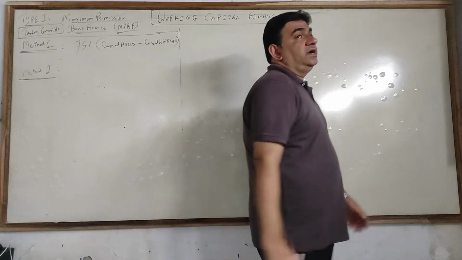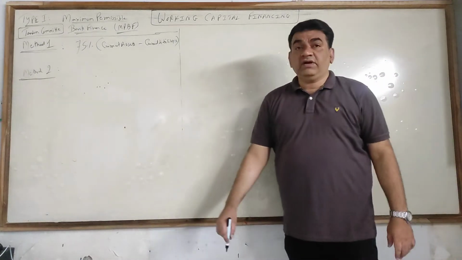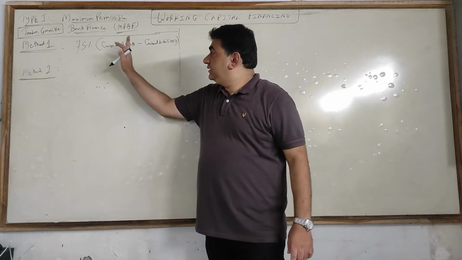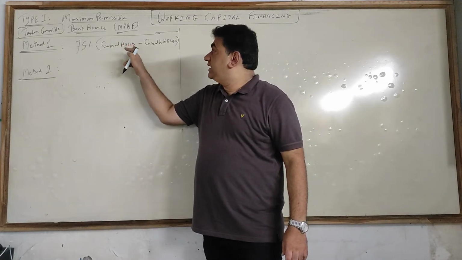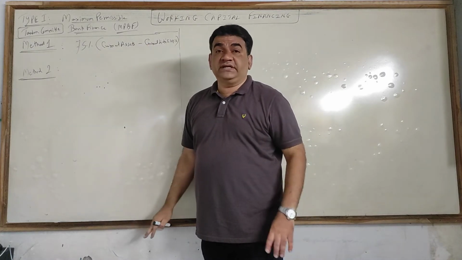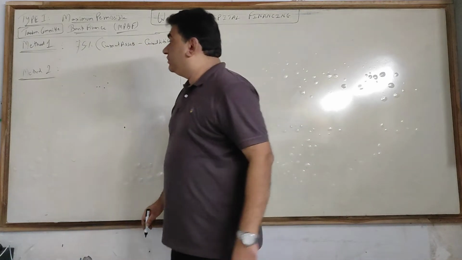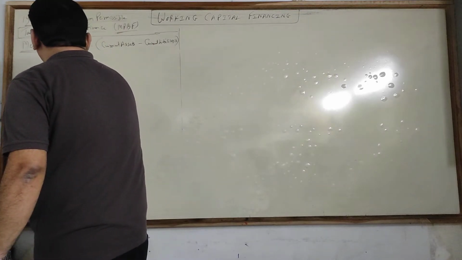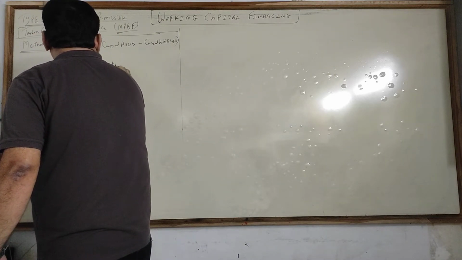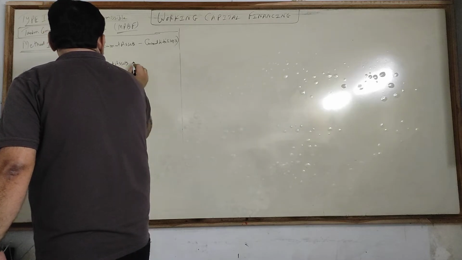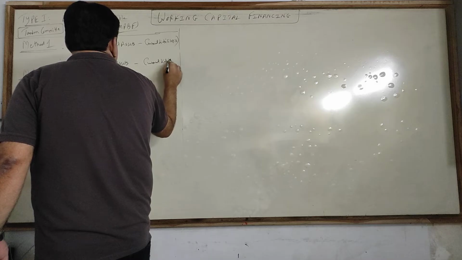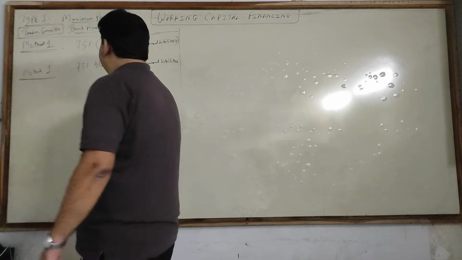method number 2. Now guys, understand the difference. Method 1 में क्या था? Take the difference between current assets and current liability and take उसका 75%. Method number 2 में it will be 75% of current assets, and from that deduct the current liabilities.